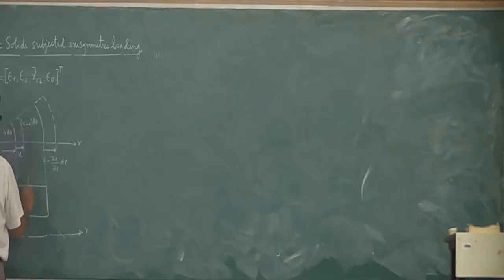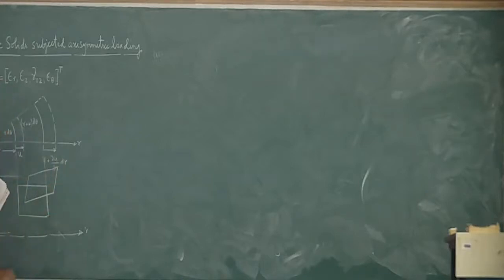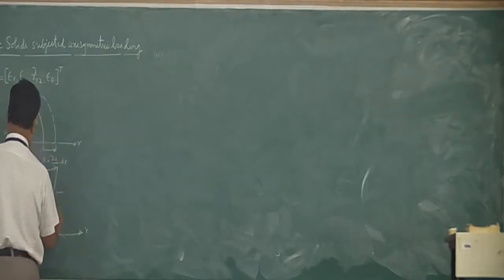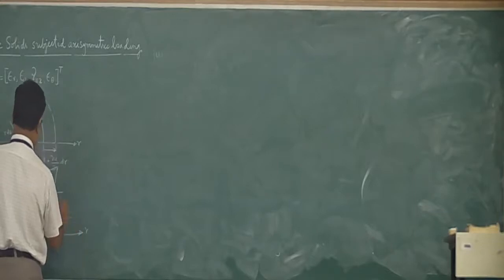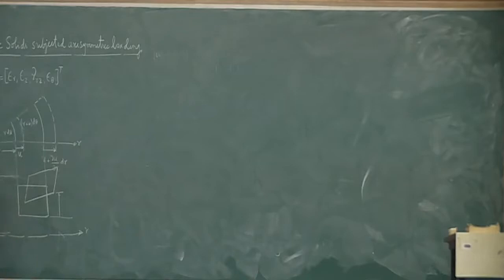Now after the deformation, it has gone to a new shape, like this. So naturally, we need to find out what the changes are here. Of course, the Z displacement, as I told you, along the Z direction is dz. I have already told you. Along the radial direction, this is dr.